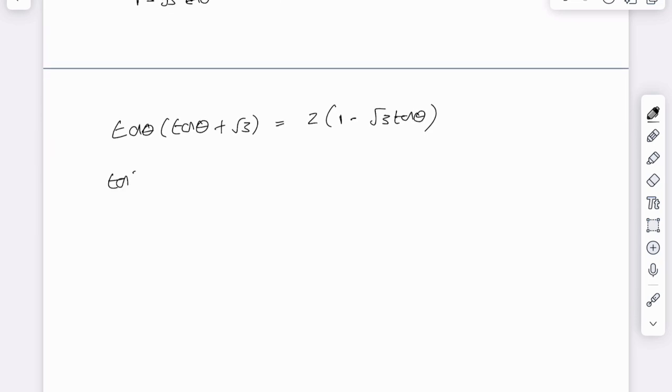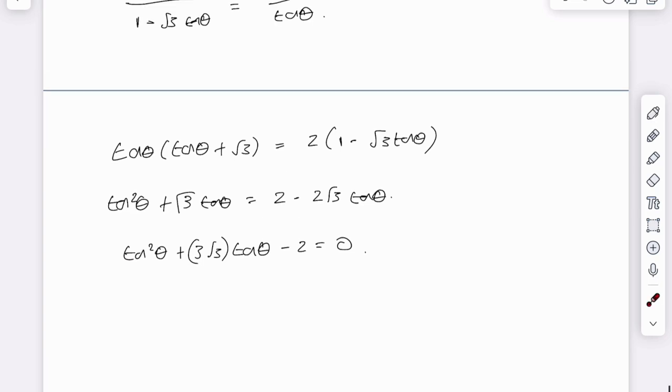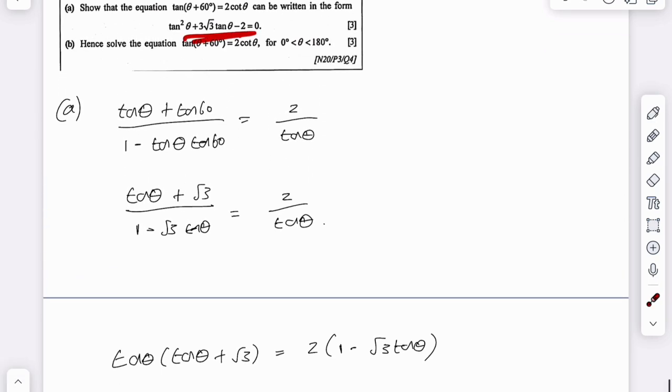Which means then that tan squared theta plus root 3 tan theta is equal to 2 minus 2 root 3 tan theta, which means that tan squared theta plus 3 root 3 tan theta minus 2 equals 0. Okay, so that's been shown as required there.